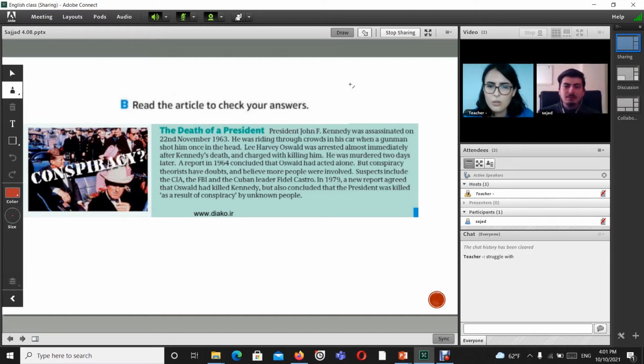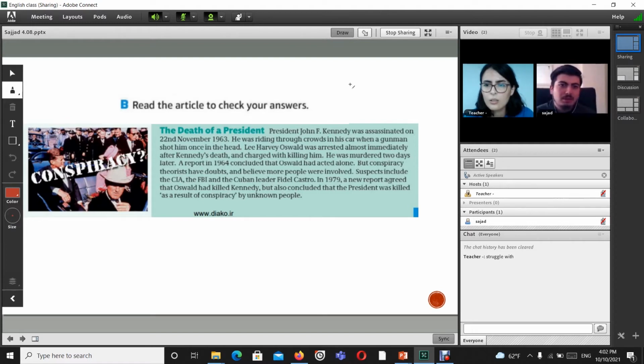So, okay, what's the story? And what's the conspiracy theory? The story was the president going through a crowd so people could see him and show some respect to him. In the middle of the crowd there was one man. I think the name was Oswald. He killed John F. Kennedy.